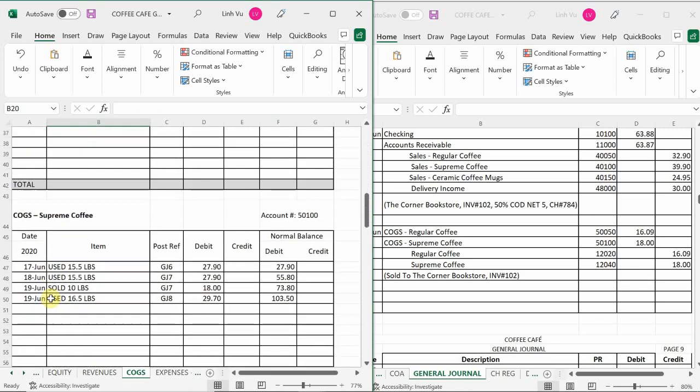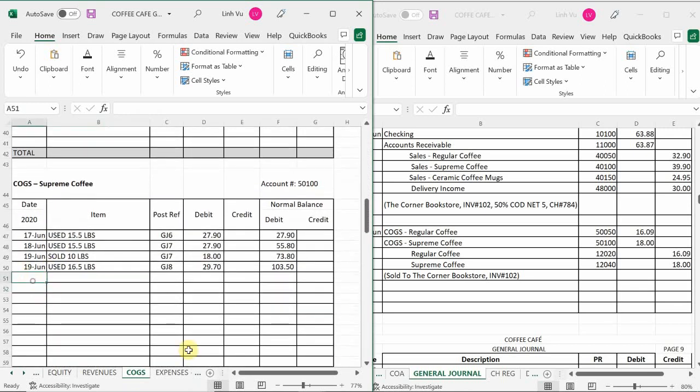And then we end up selling 10 pounds for $18, which will decrease my account by $121.50, or I'm sorry, we'll increase it to $121.50.